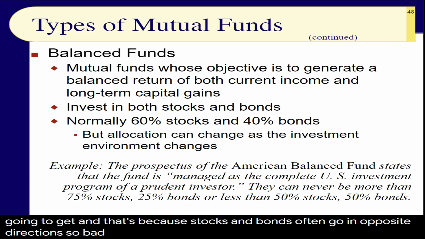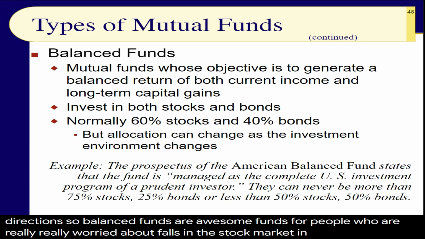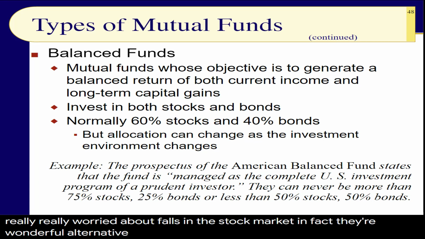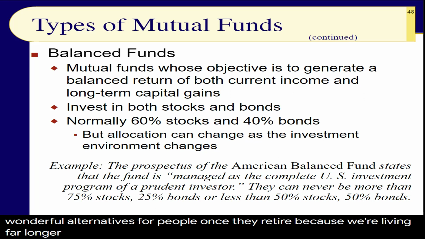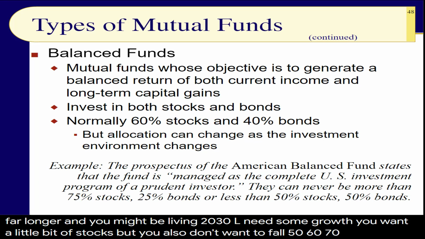So balance funds are awesome funds for people who are really, really worried about falls in the stock market. In fact, they're wonderful alternatives for people once they retire, because we're living far longer and you might be living 20, 30 more years in retirement. So you still need some growth. You want a little bit of stocks, but you also don't want to fall 50, 60, 70%.